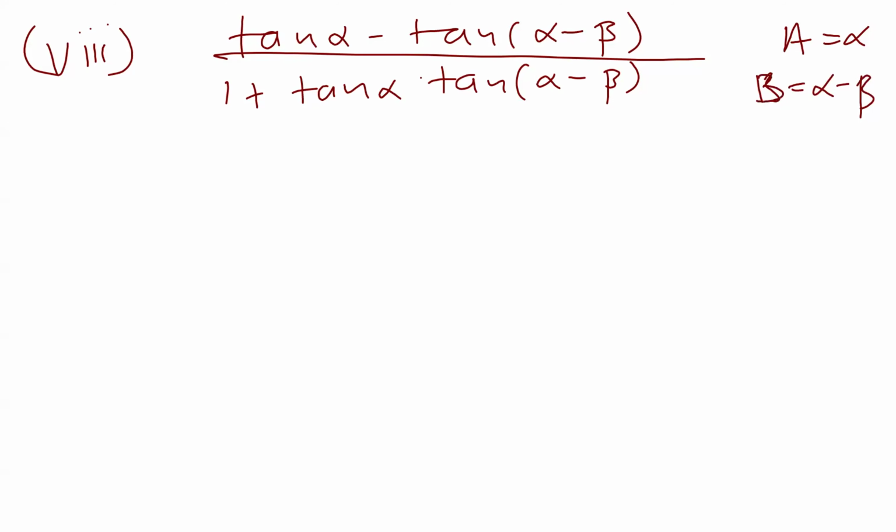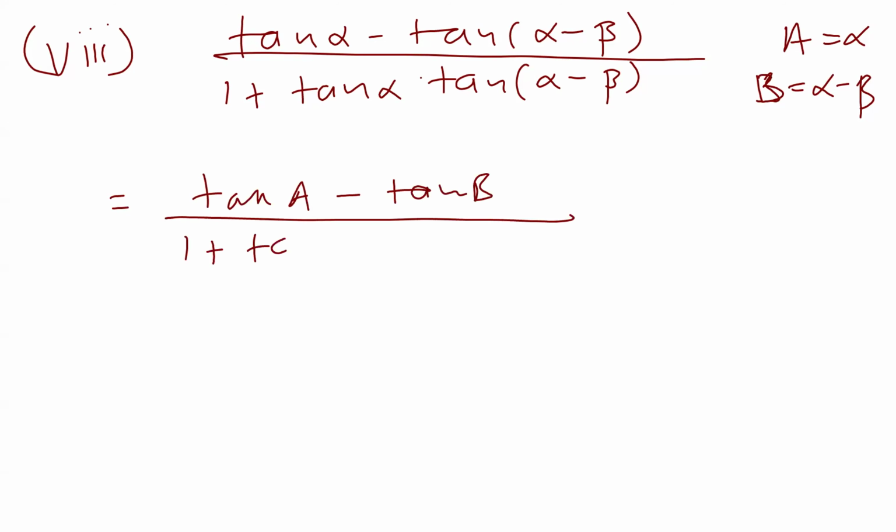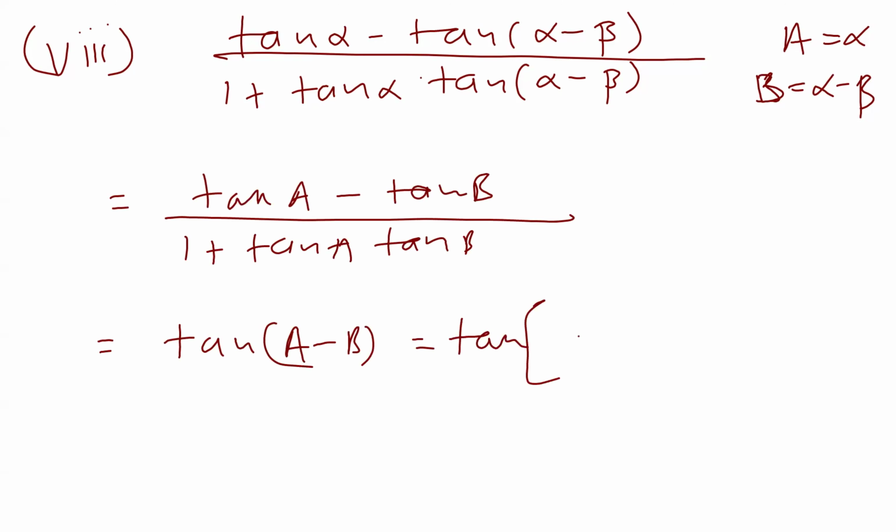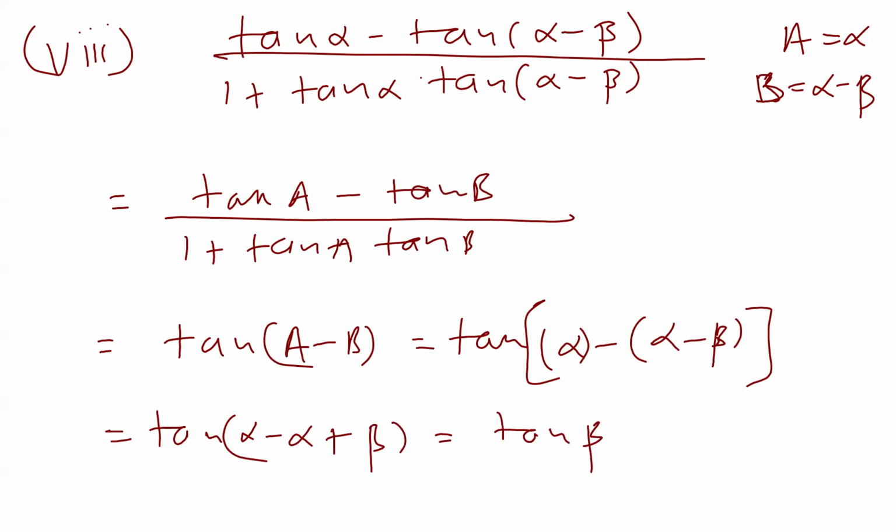So this is equal to tan A minus tan B upon 1 plus tan A tan B, which is tan (A minus B). Put the values of A and B. A is alpha and B is alpha minus beta. Put the brackets because there is a minus sign in between. Open the brackets. Tan (alpha minus alpha plus beta). So the answer becomes tan beta.